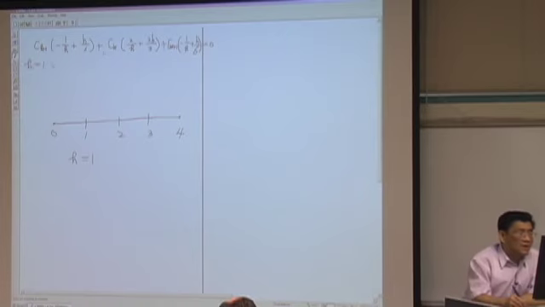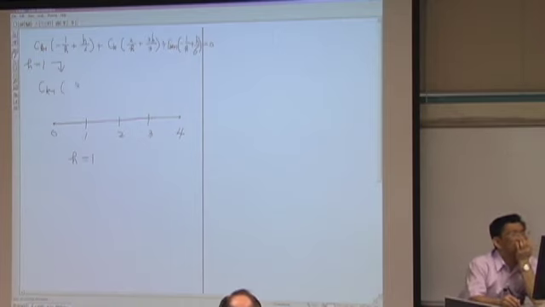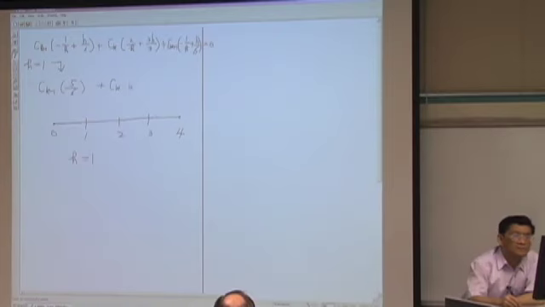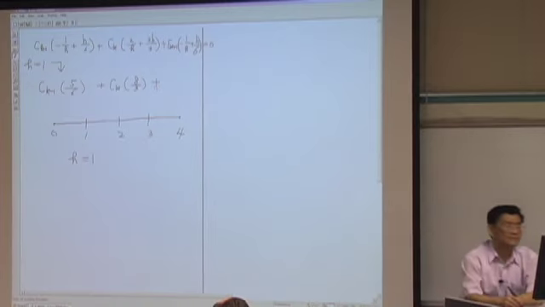If h is equal to 1, then Ck minus 1, and then minus 1 plus 1/6 gives us what? 5/6, right? 5/6. And then this gives us what? What is the result? 8/3, right? 8/3. And this gives us what? 5/6.